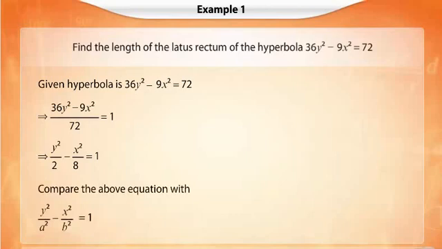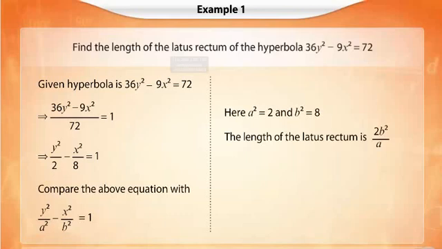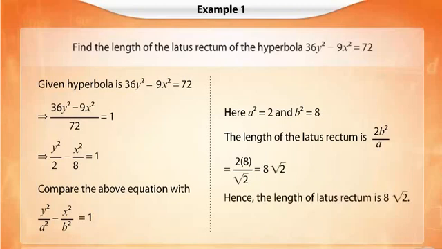On comparing the equation with its standard form, we get a square equal to 2 and b square equal to 8. Recall the formula to find the length of the latus rectum. On substituting the appropriate values and simplifying, we get the length of the latus rectum as 8 root 2.